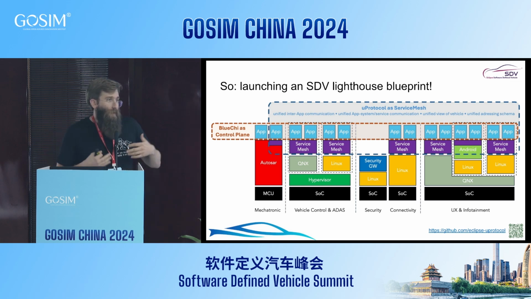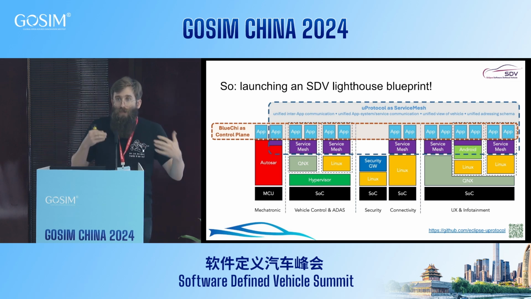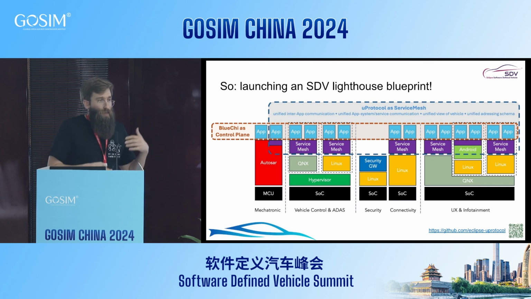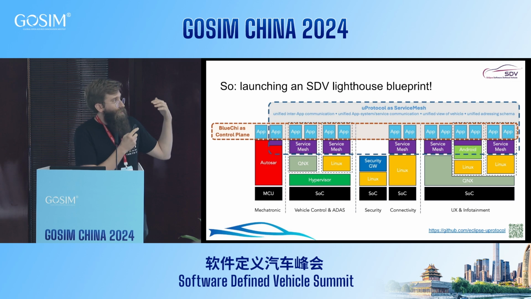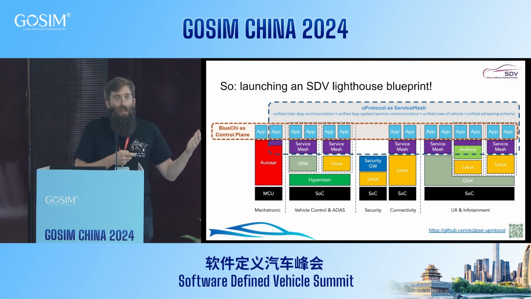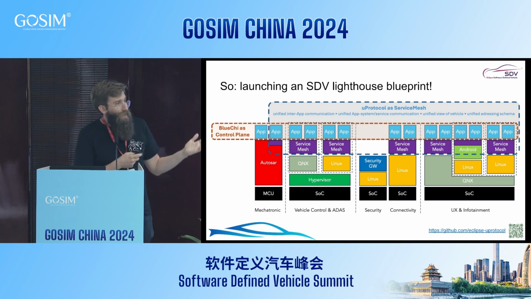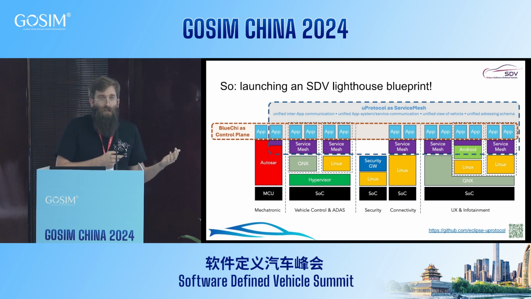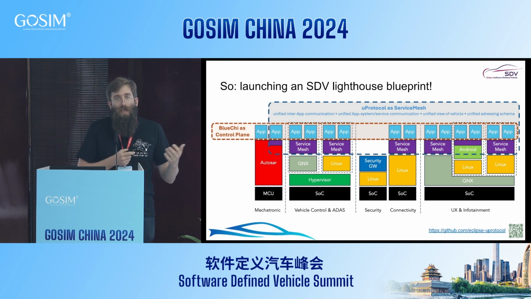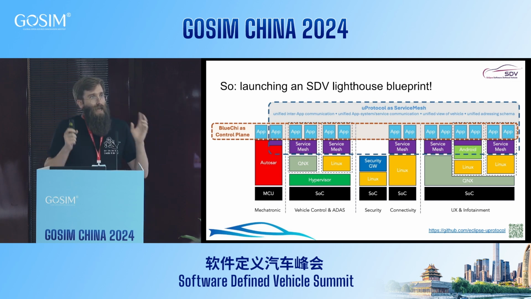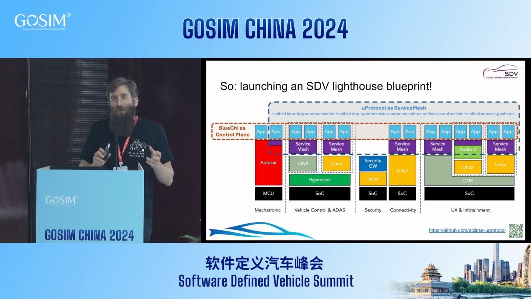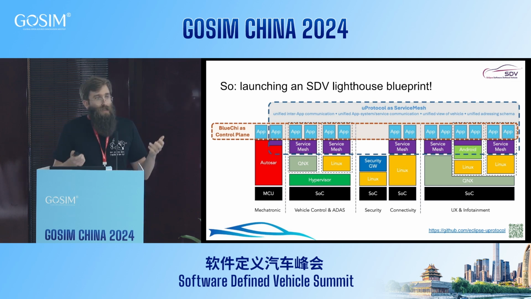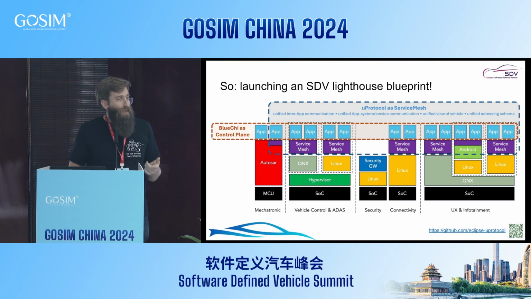So there's been some industry excitement about Eclipse uProtocol, to the point that there is what's called a blueprint in the Eclipse SDV that's been started. It's called Service to Signal, and the idea is that we want to be able to show how we can build an open source SDV stack using these projects which exist within uProtocol or within Eclipse SDV.